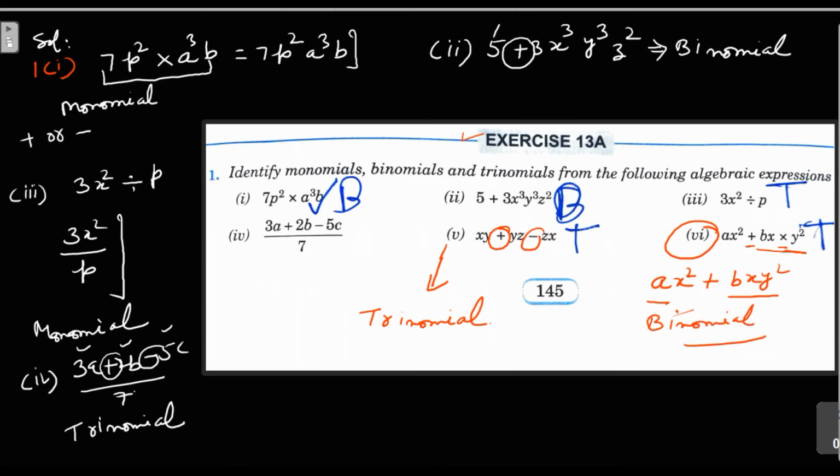Now we will move on to the next: write down the numerical as well as literal coefficient of the following. I have explained the numerical as well as literal coefficient in the earlier part of this video.